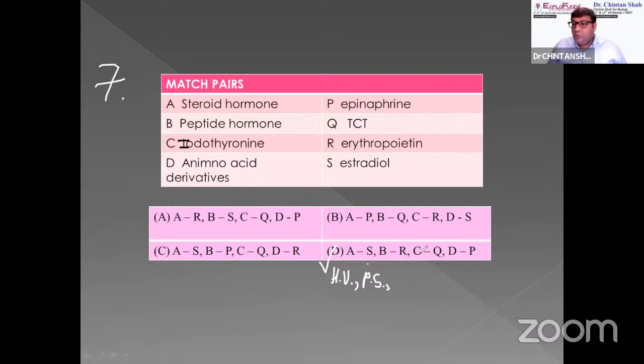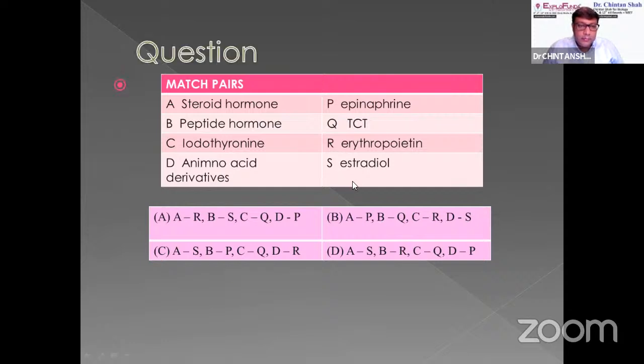Yes, go for it. I think the D is the right answer, because the name of the steroidal hormone is estradiol. The peptide hormone is erythropoietin. Iodothyronine is thyrocalcitonin, and the amino acid derivative is epinephrine. Okay, so let's go further now to question number 8.